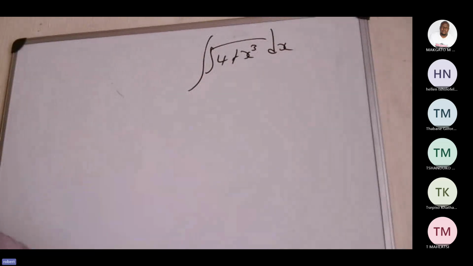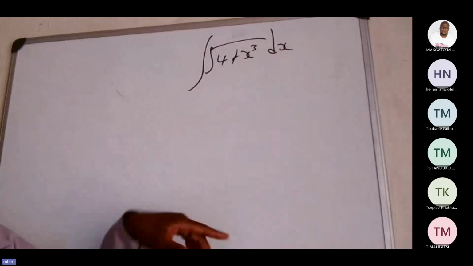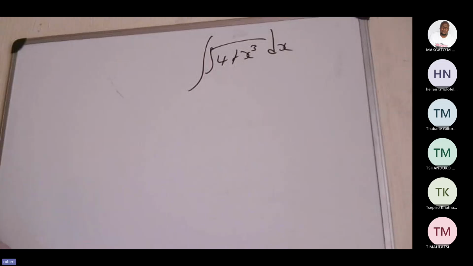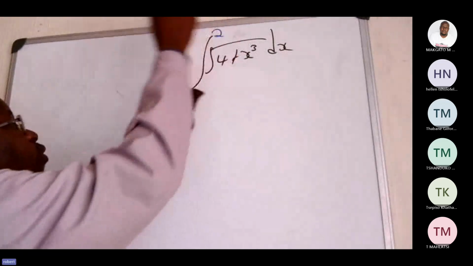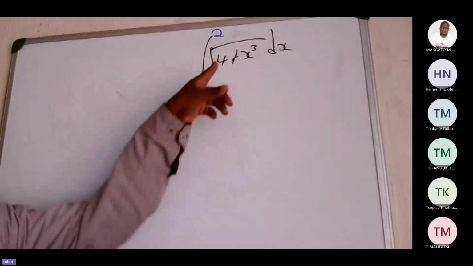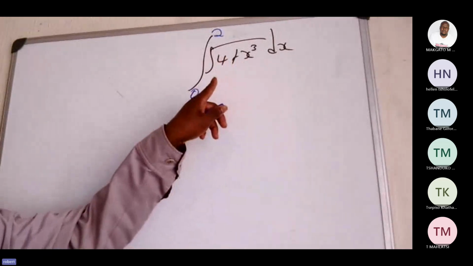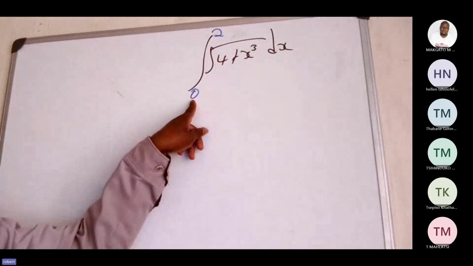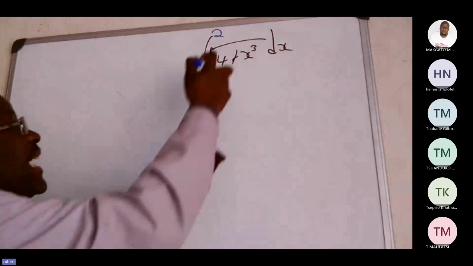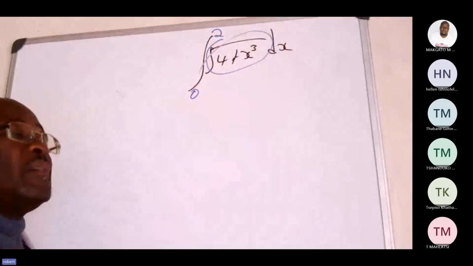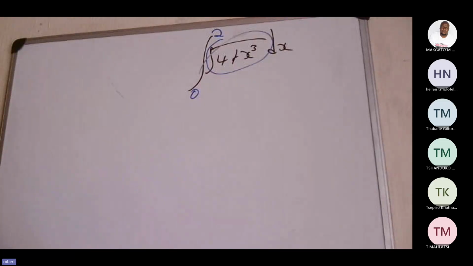And in fact, one can even say it's not integrable. But now, what if I say from 0 to 2? Is this function continuous from x equal to 0 up to x equal to 2? This integrand, is it continuous? The answer is yes, it's continuous.